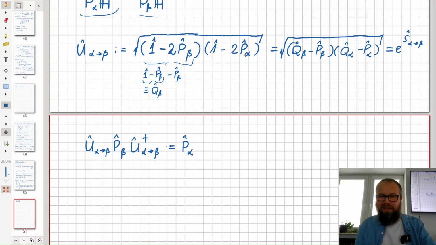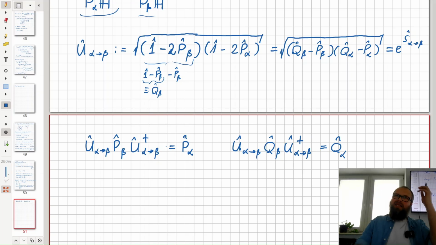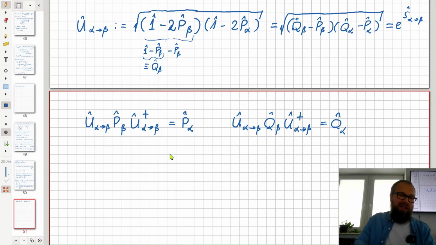The same is true for the complement: Q beta, sandwiched between U and U dagger, also rotates us to the complement of alpha. This is a direct generalization of what we had before.